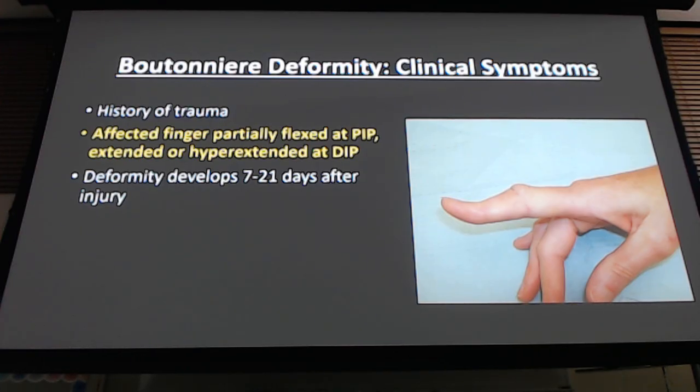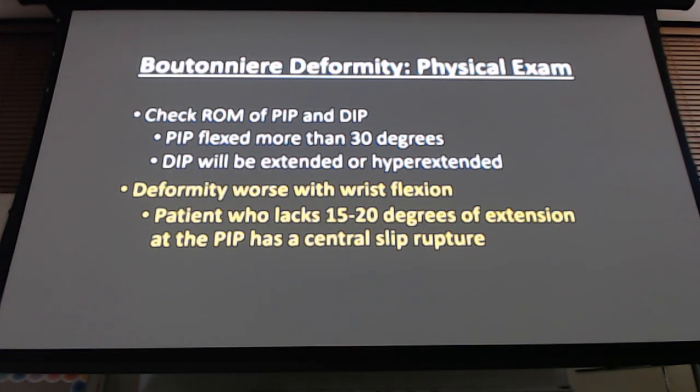There's a central slip disruption that causes that buttonholing we just discussed, but the deformity can sometimes set in a week to how many weeks? 7 times 3 is 21. Yep, my math is right. So 1 to 3 weeks, or 7 to 21 days, however you want to remember it. There are certain injury patterns where we need to keep an eye on this to see if he develops a boutonniere deformity.